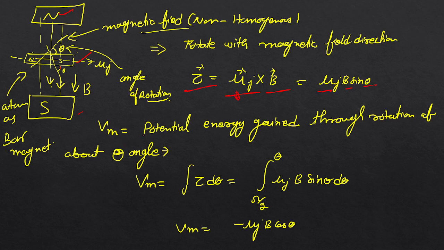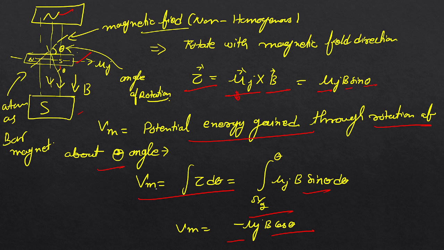When it is rotating, because of the change in position, it gains some potential energy. Potential energy is gained through the rotation by angle theta. You have to take the integration of this, so it comes out as minus mu j B cos theta, since the integration of sine theta is cos theta.